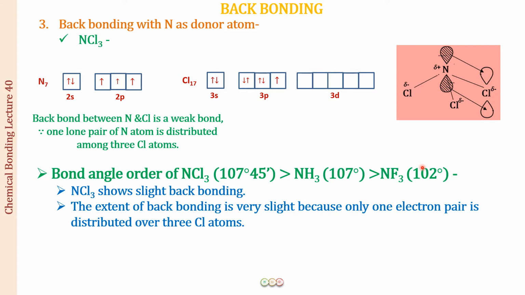Alright. Now comparing NCl3 with NH3 and NF3, what we are seeing is that the bond angle is slightly greater than NH3. This slightly greater value is because of the slight back bonding which is present in the NCl3 molecule. The extent of back bonding is very slight because only one electron pair is distributed over 3 chlorine atoms.